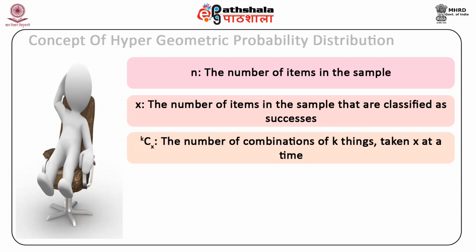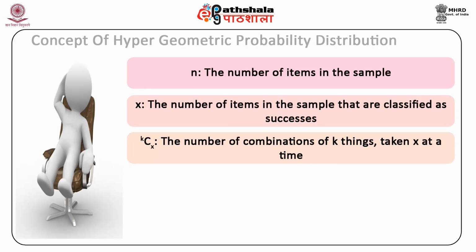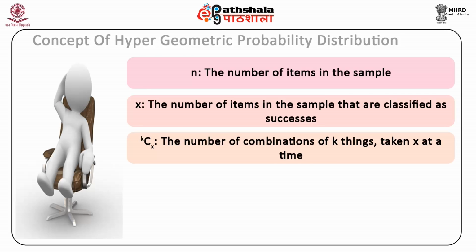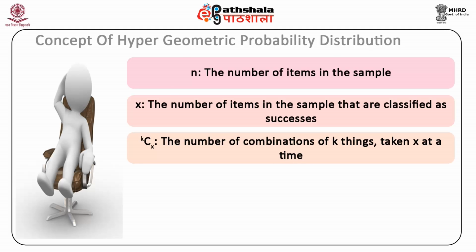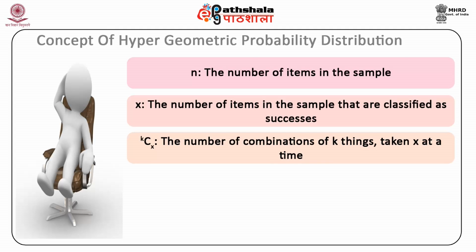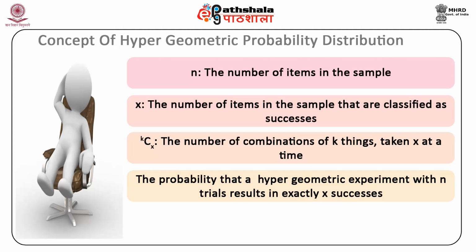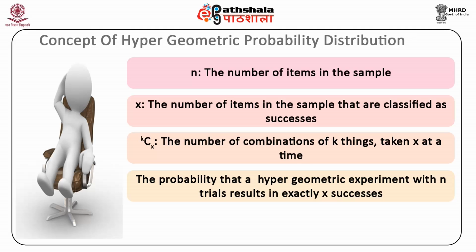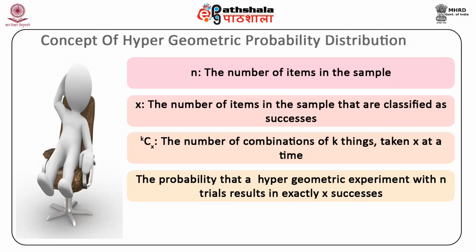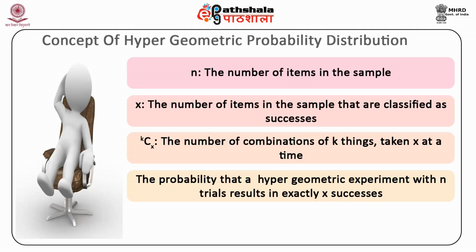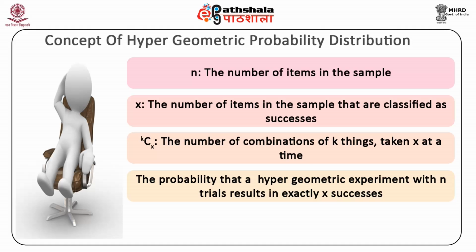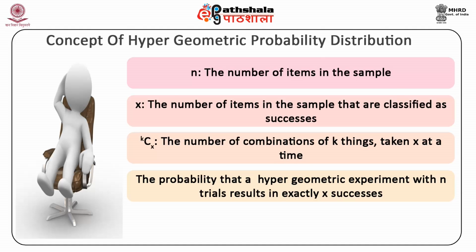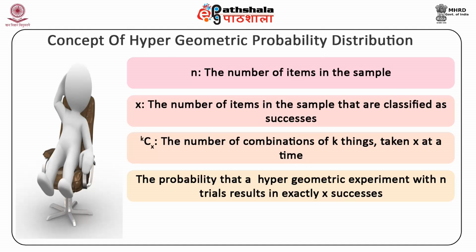h(x; N, n, k) denotes the hypergeometric probability distribution where N, k, and n are the defining characteristics. The probability that a hypergeometric experiment with n trials results in exactly x successes, where the population is of size capital N and k out of capital N are defined as successes.